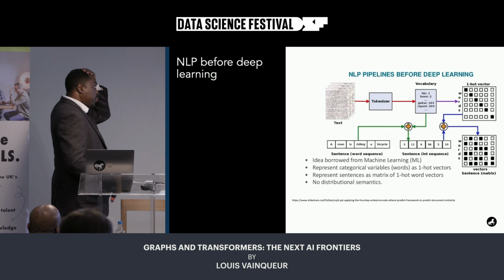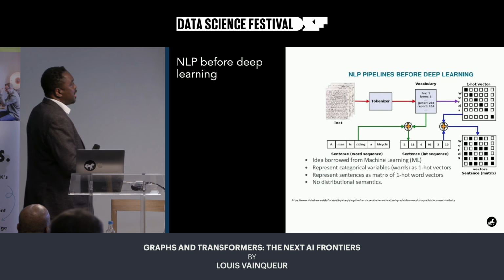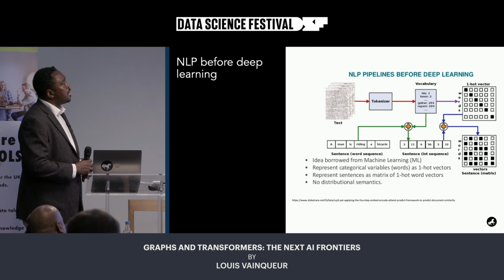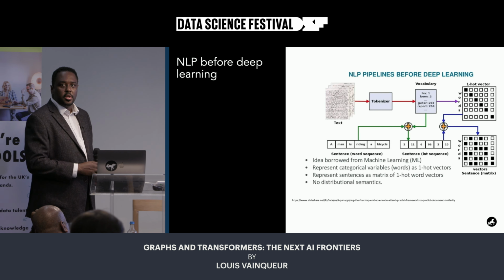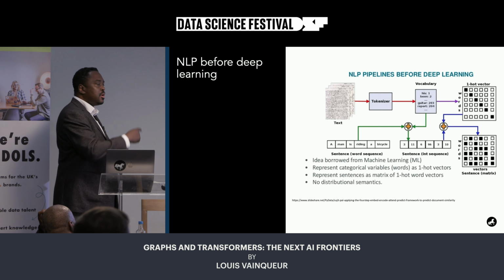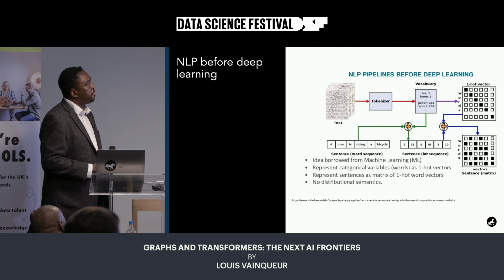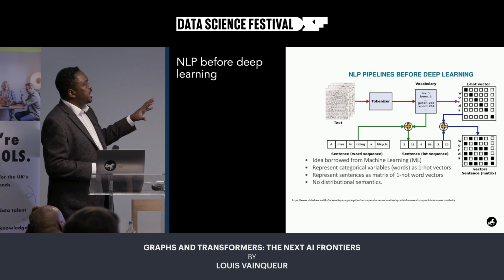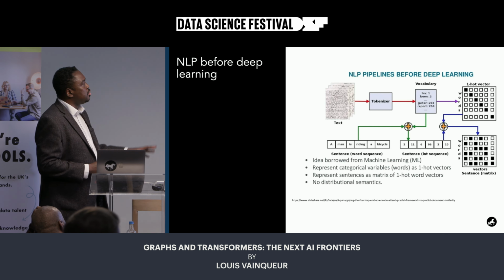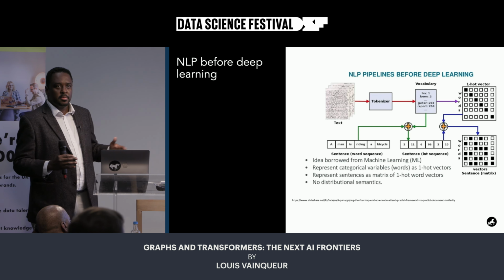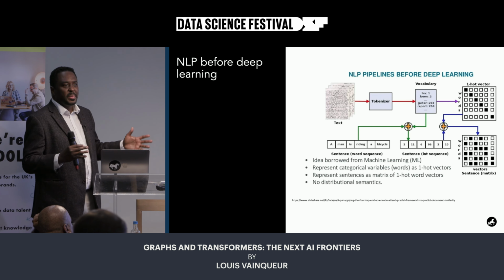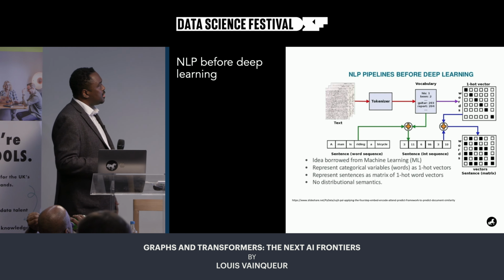Here, I put an example of a pipeline from a blog by Sujit Pal, who is an amazing researcher, done before the revolution of the transformers. He explains what used to happen. You had some text, then a tokenizer, which effectively is just a way to split your sentence or document.